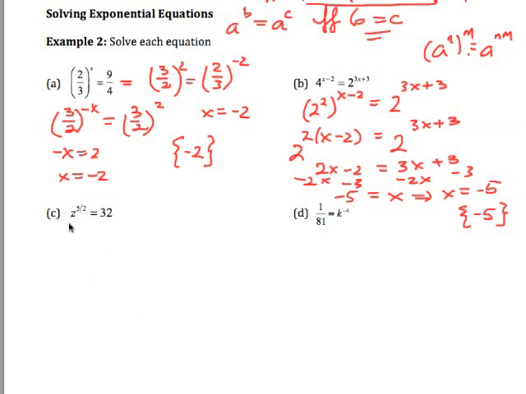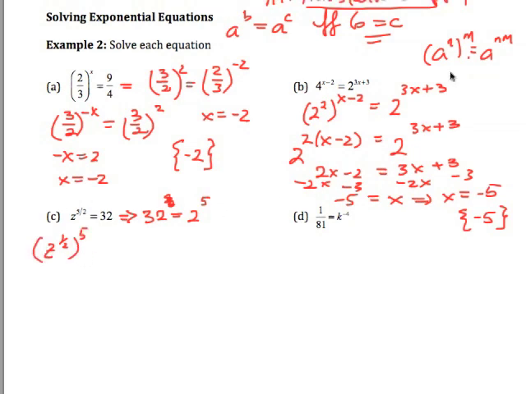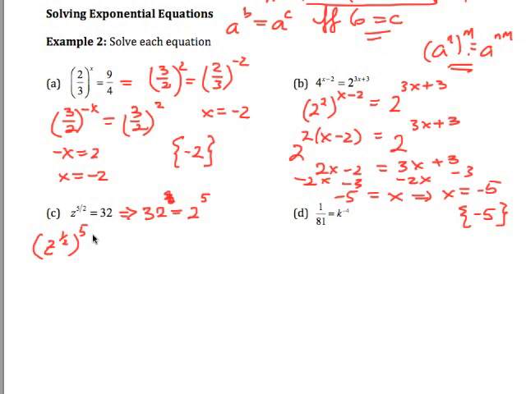This one's a little bit different because we have the base unknown now. So we've got to write this 32. We know 32 can be written as 2 to the 5. So what I really have here is z to the half, and to the power of 5. That's this rule again up here, just in reverse, is equal to 2 to the 5.